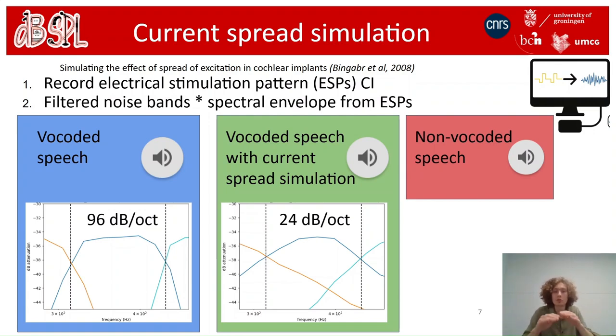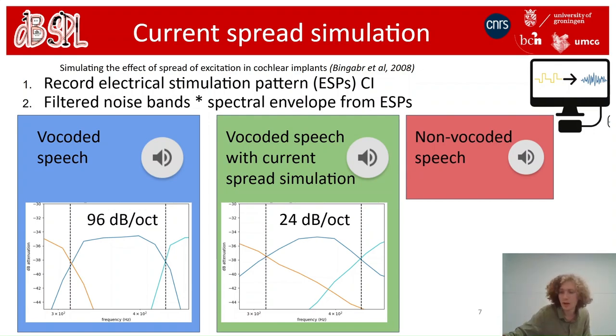However, if you choose very broad slopes, such as 24 dB per octave for the current spread simulation, then a lot of information from one frequency band passes over into neighboring and other bands, and this is similar to what is happening in the cochlea. And then our final condition is non-vocoded, so that's just normal speech.